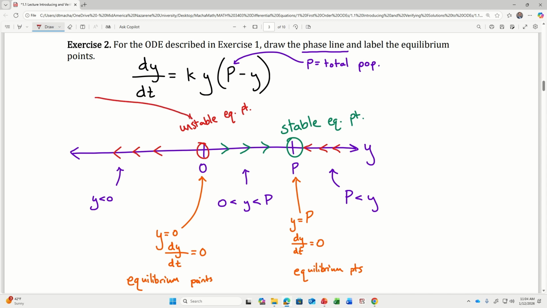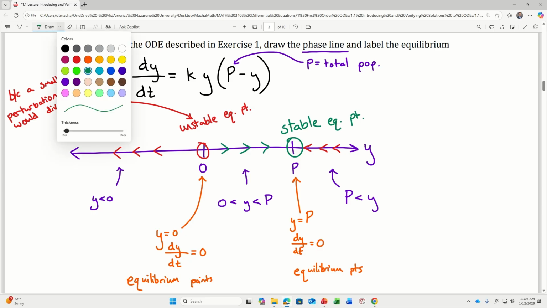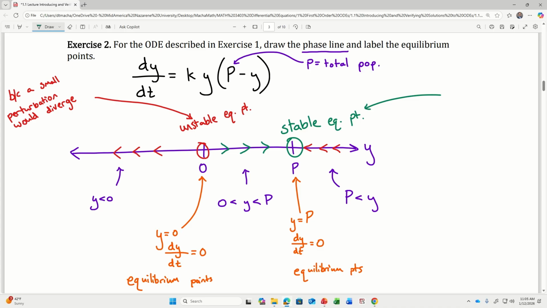The reason is because a small perturbation would cause the solution or the trajectory to diverge away. And this is called stable because a small perturbation would converge back to the equilibrium point.